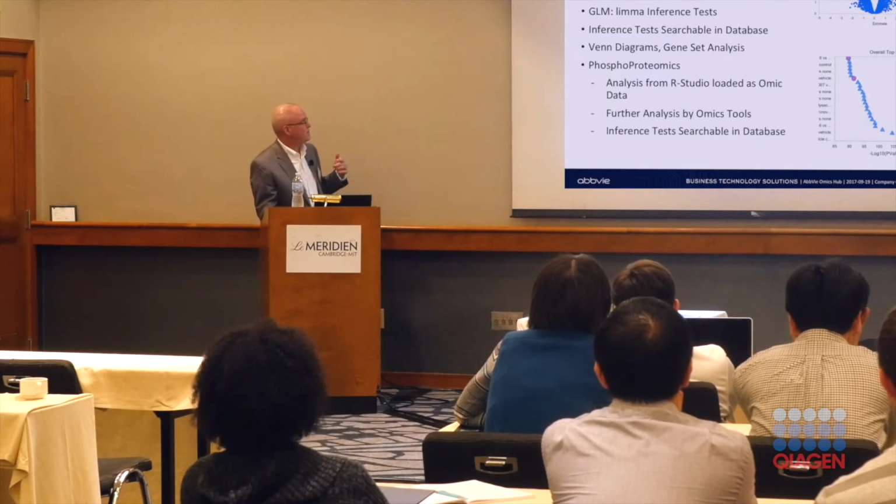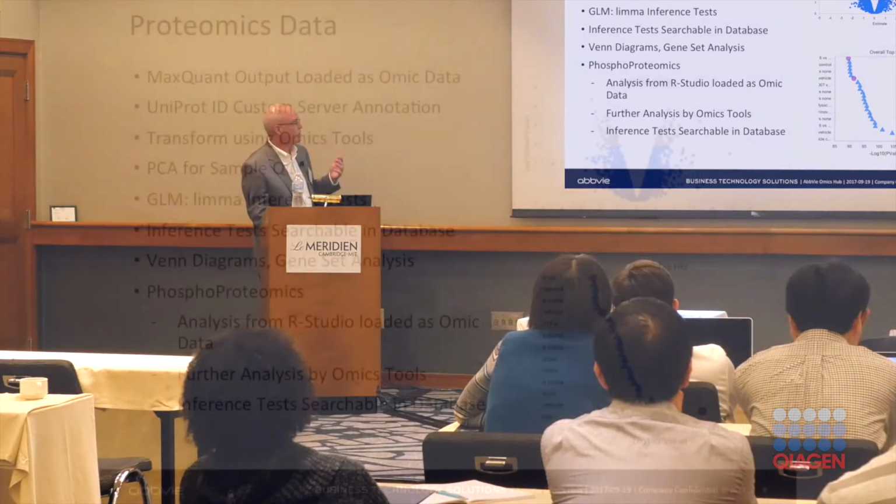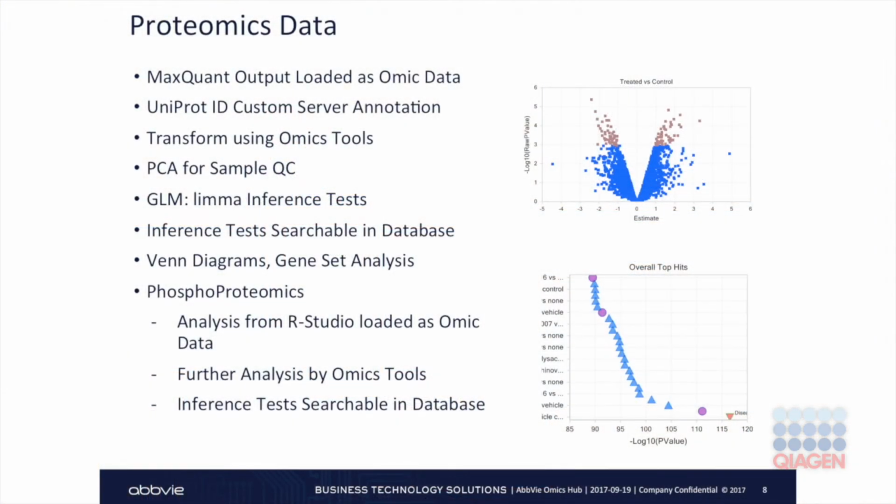So in terms of some different kinds of data we're bringing in, we're getting a lot of proteomics data now. And so what we've done is we're taking the MaxQuant data, we just load that as omic data, and we have as the ID column, first column, a UniProt ID. And then having built a custom UniProt annotation server, they can just load the omic data, do the annotation, so now they know where it is and what chromosome and what gene ontology or whatever.